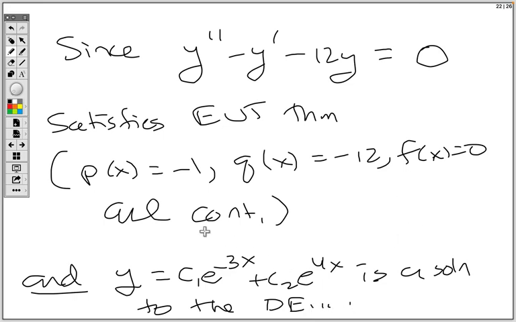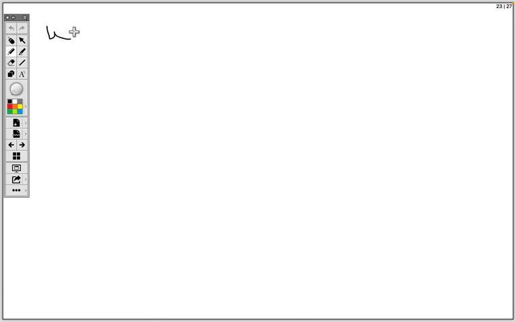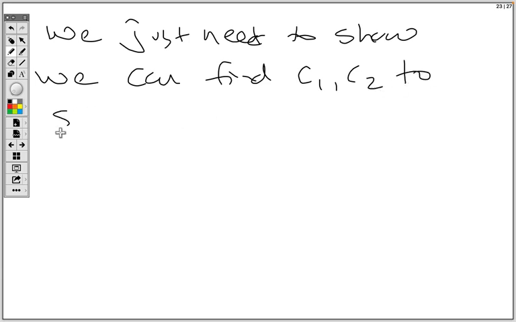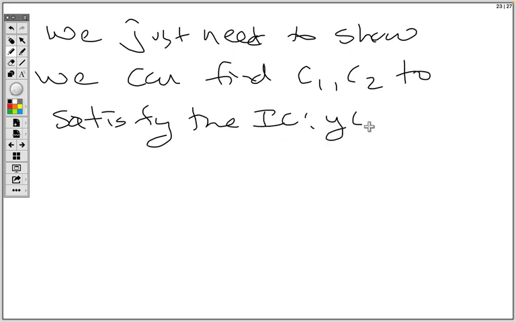We just need to show we can find C1 and C2 to satisfy the initial conditions: y at x naught is k naught, y prime at x naught is k1.